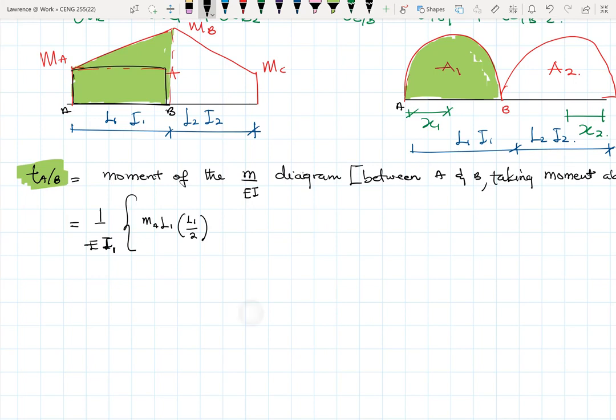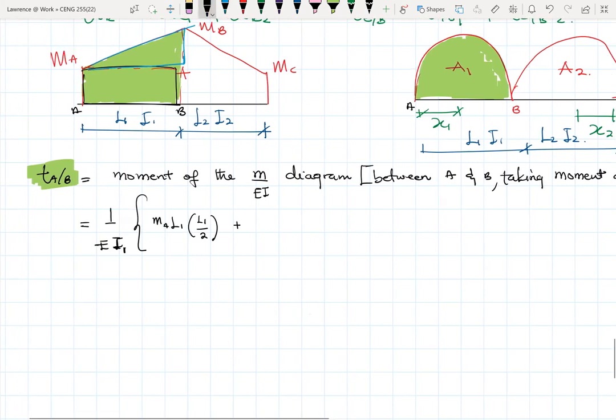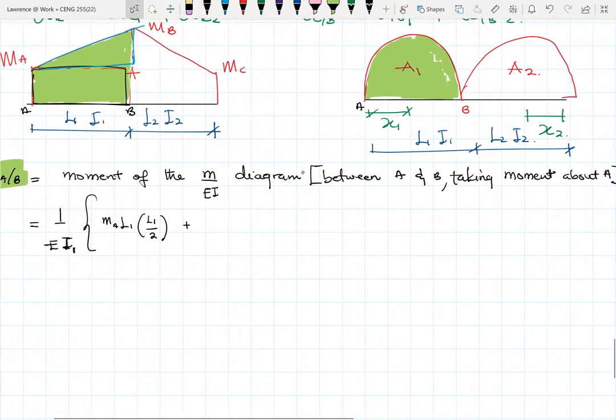Then plus, now let me deal with the triangle at the top here. That would be half base times height, right? The height over here will be MB minus MA, divided by 2, times a length of L1.